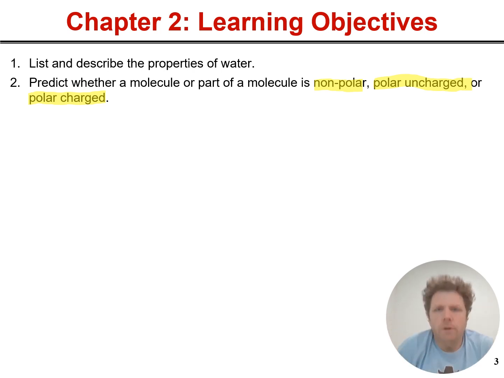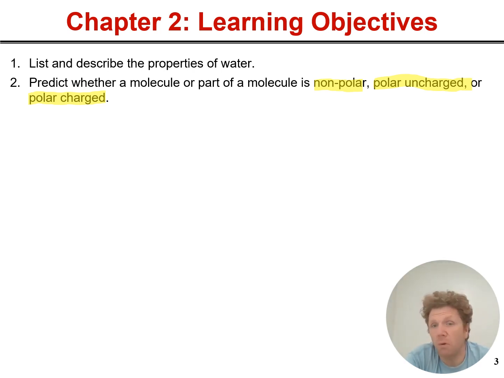Now, this next level where we have polar uncharged and polar charged, we're going to look at some examples of those, but one of the things that people have a tendency to make a simple mistake on is they say, okay, well, there's polar uncharged and polar charged. Great. Then there's nonpolar uncharged and nonpolar charged. Now, I say that's a simple mistake because if you think about it for just a little bit, you're going to return to the fact that if something is charged, it is polar.